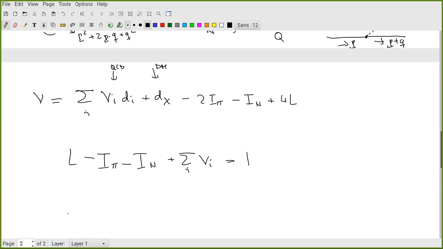Okay, so we have another relation, which is given by two times the number of internal lines plus the number of external nucleon lines is just given by the number of nucleon vertices.